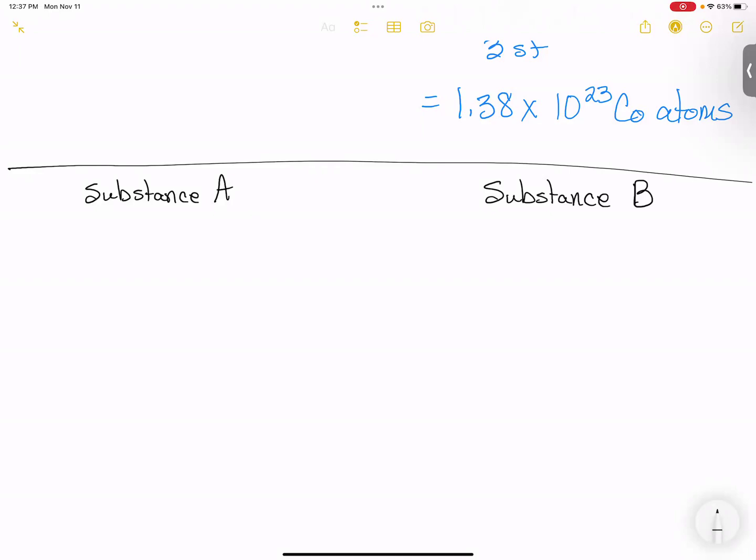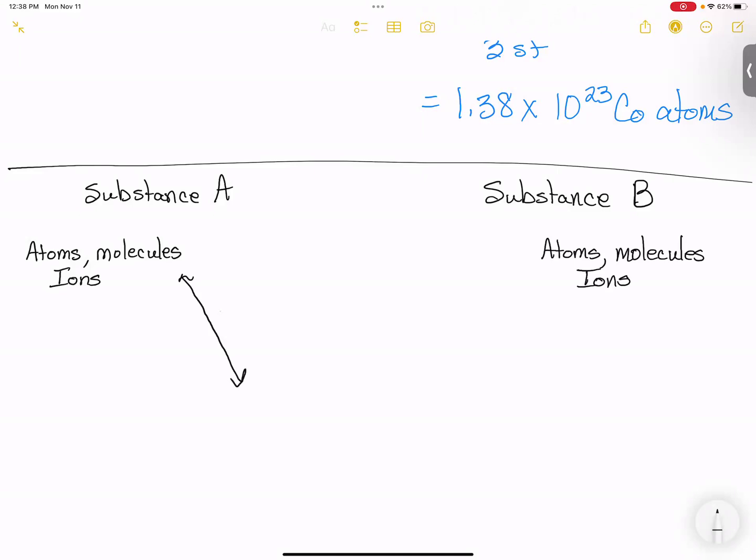Okay. If I have the word atoms, molecules, or ions, what is my conversion factor? Avogadro's number, which is 6.022 times 10 to the 23rd of anything equals 1 mole.